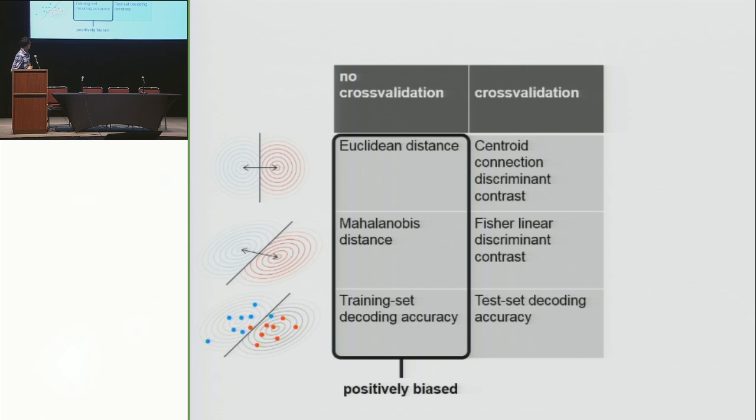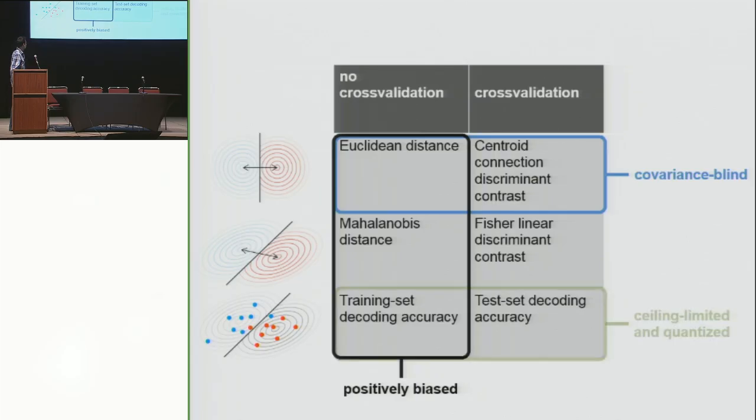We don't like these uncross-validated ones so much because they're positively biased, making it impossible to interpret the 0 point. These ones on top are blind to the covariance, so that's a drawback and makes them less sensitive also.